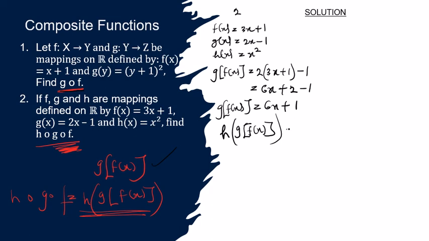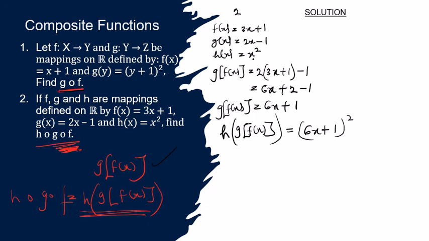That gives us what? Remember, in h of x, everything here is like x. So remember that g of f of x is 6x plus 1. So instead of writing x, I'm going to write 6x plus 1 all squared, because that's what it means here.